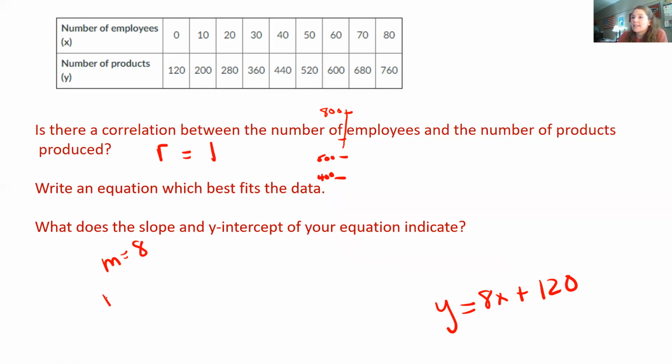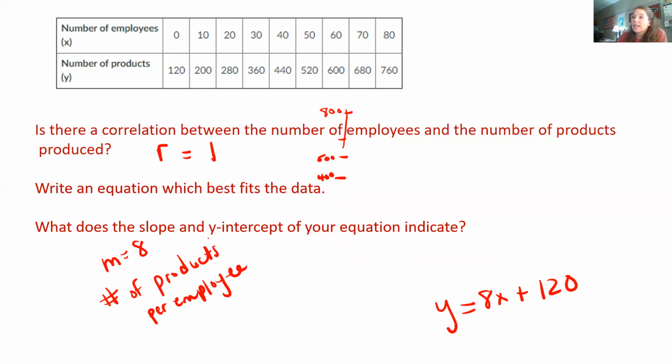It represents the number of products per employee. So every time the number of employees increases by 1, the number of products increases by 8.